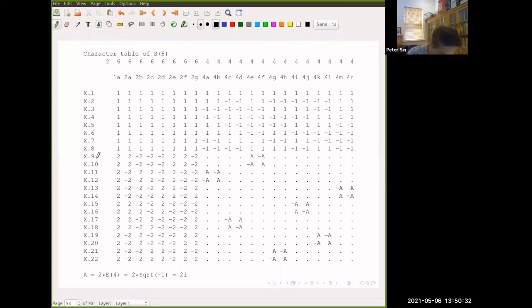Looking at this character table, I choose coefficient 1 for all of these classes in the center, and then for the non-central classes, I choose alpha and minus alpha, beta and minus beta, and gamma and minus gamma.